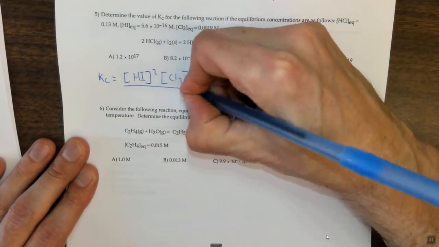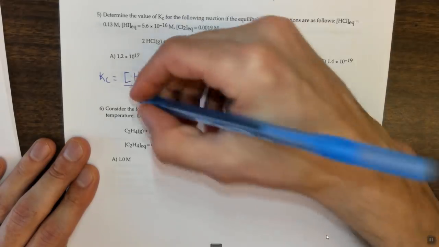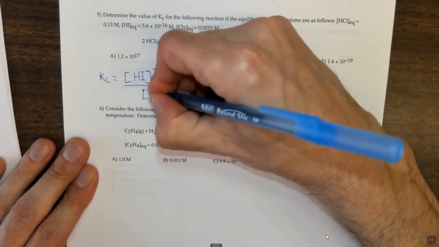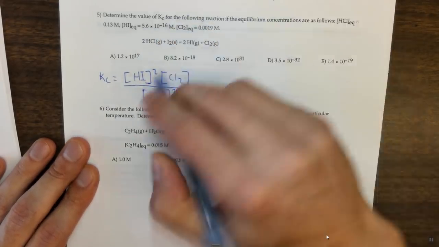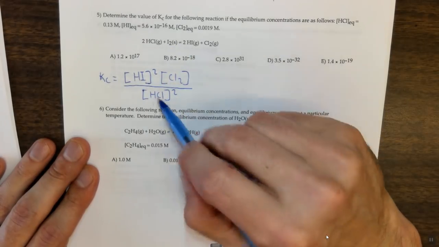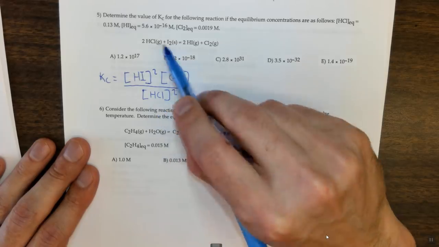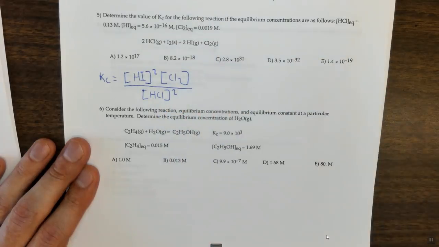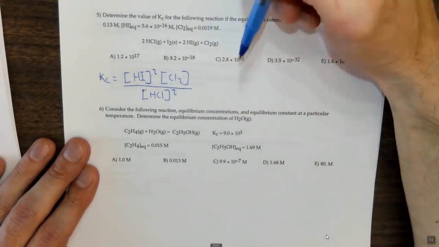So products over reactants, the concentration of HCl squared, again because there's 2 of them, and then I2 is a solid, so it does not go in the Kc expression. We have 3 gases, nothing aqueous here. So we don't put the solid in the expression.